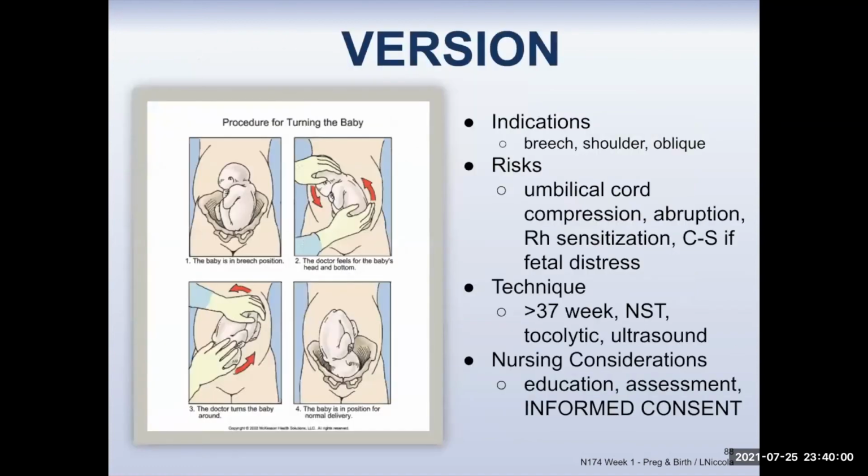Okay, version is a procedure where the baby is turned typically before mom goes into labor. If it's a breech presentation, we would like to turn the baby head down before they go into labor, because we used to deliver breech babies all the time in the old days.